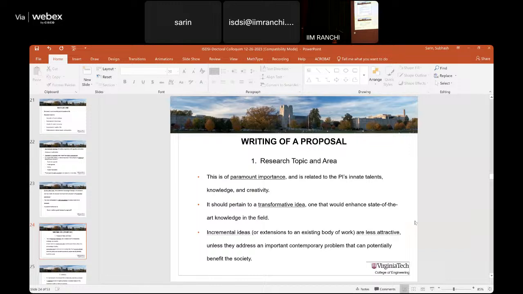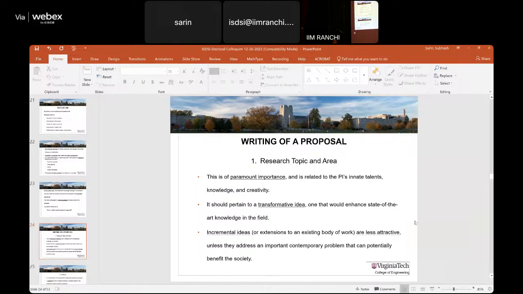Okay, so you have to choose a topic which is of your innate interest, talent that you have, knowledge and creativity, because that's where you could propose some ideas that you are thinking of, that you worked on in the past, and that you're excited to develop. It should pertain to a transformative idea, okay? One that will enhance state-of-the-art knowledge in the field.